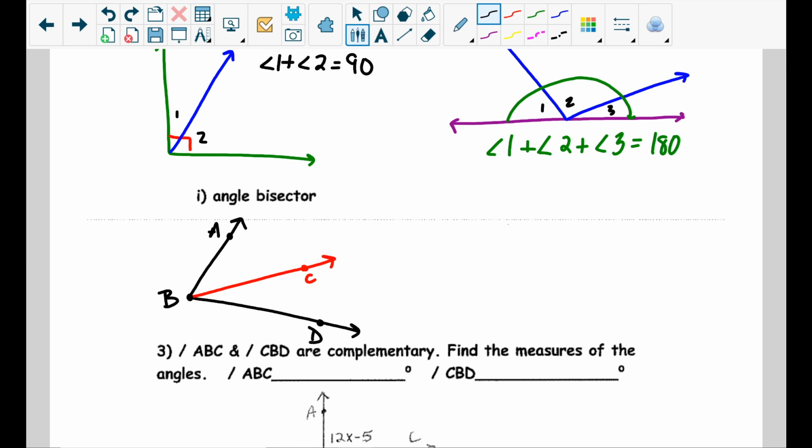So this segment BC, or we can say ray BC, if you want to be more specific, bisects angle ABD.